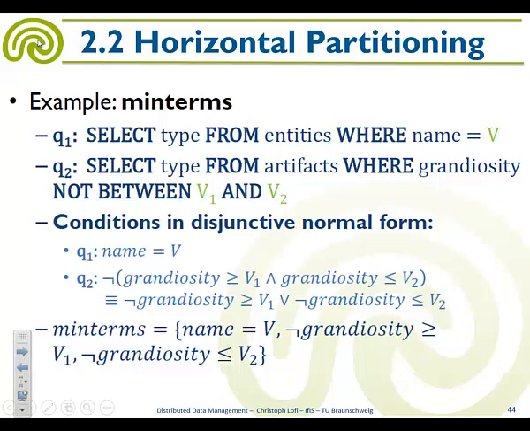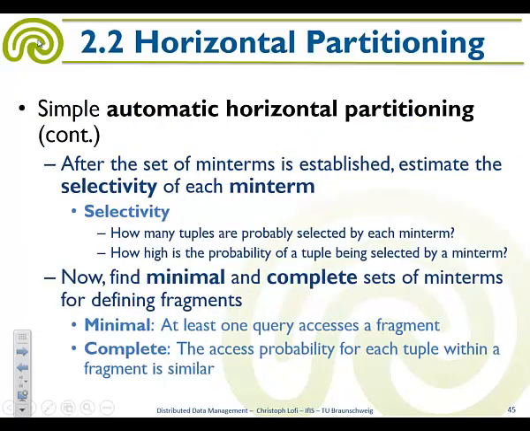So how great and impressive they are. And we look at which predicates you could find based on the queries you would expect. So you're expecting two types of queries. So for example, select entities where name is a certain value, or select artifacts where the grandiosity is in between. And based on that expected query load, you decide on a partitioning at design time.